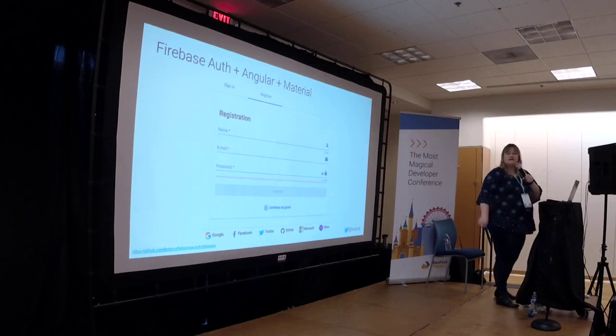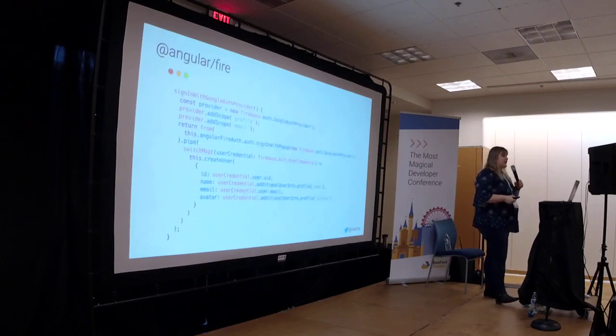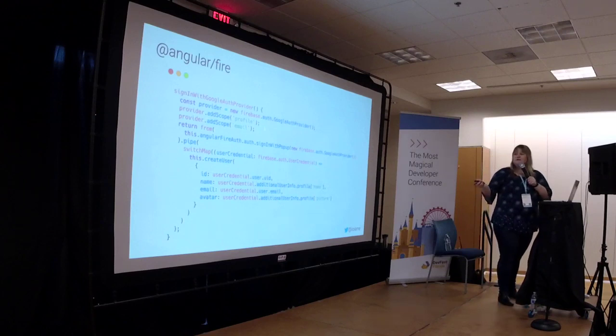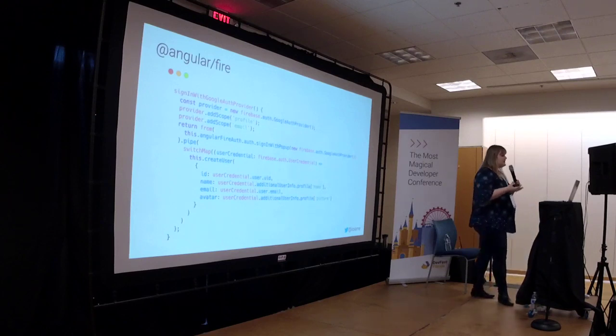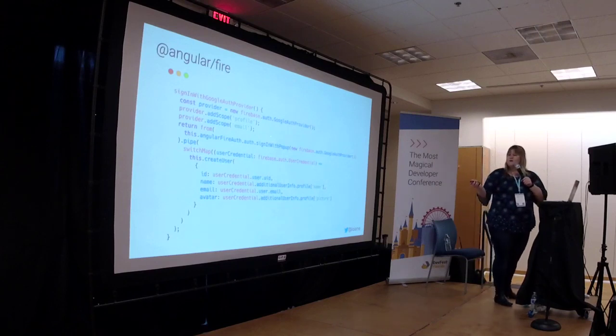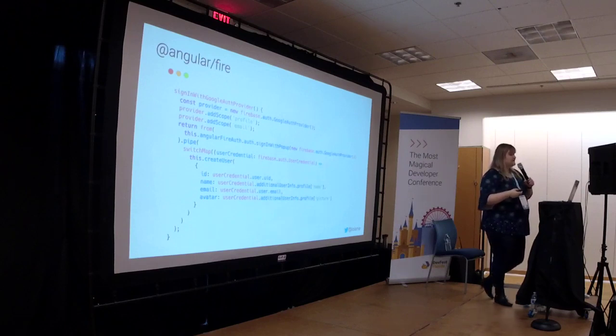So how exactly does this code work? If you're using Angular Fire, this will be a snippet to connect with the Google account. So you choose your provider, in case you'd like to get some additional information such as email or your image, your profile you can get, and then you sign in with the pop-up. So you're going to get that pop-up to ask for permission to access your data.